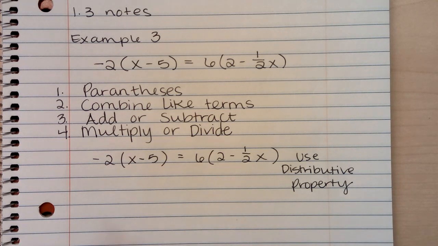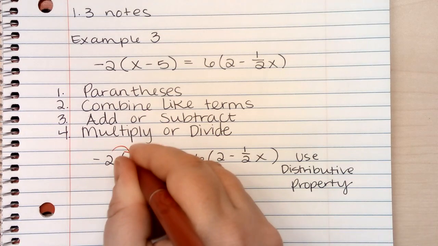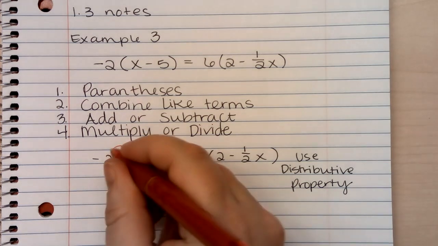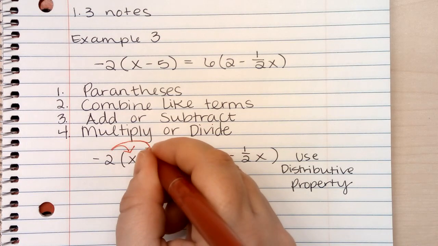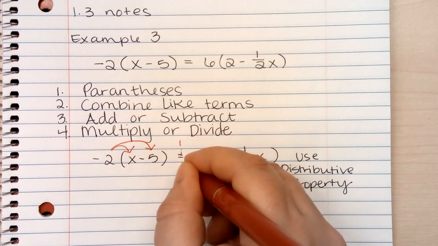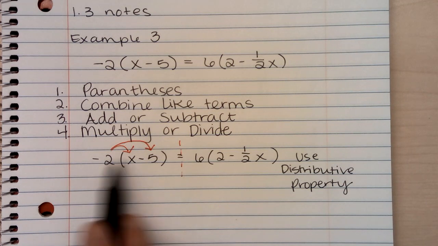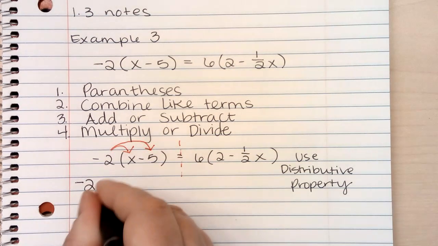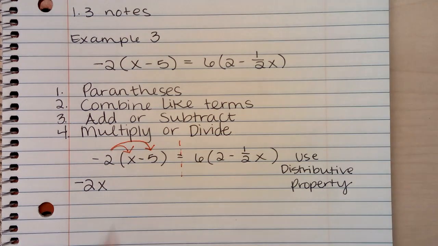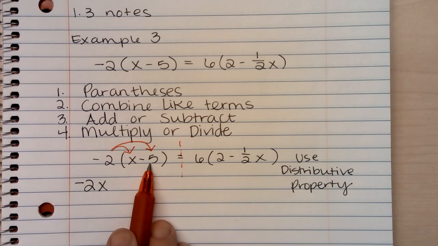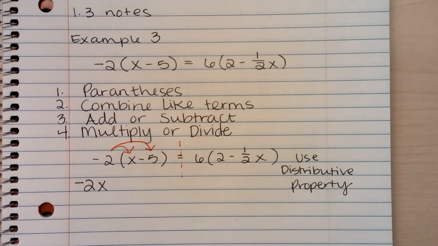So I'm going to do -2 times x and -2 times -5. -2 times x is -2x. I have to be really careful with this -2 times this -5. That becomes a +10.